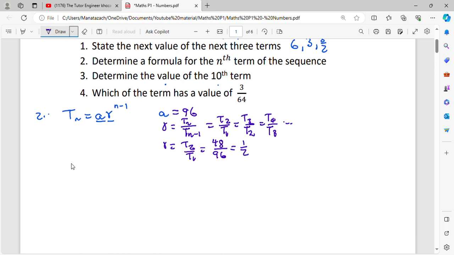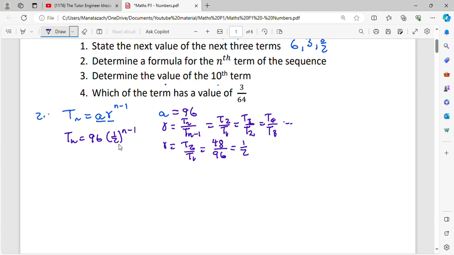Now that we have A and r, we can replace them in the general nth term formula. A is 96, r is 1 over 2, raised to n minus 1.